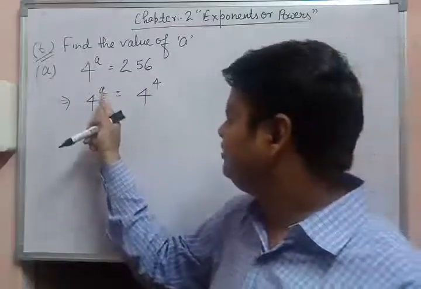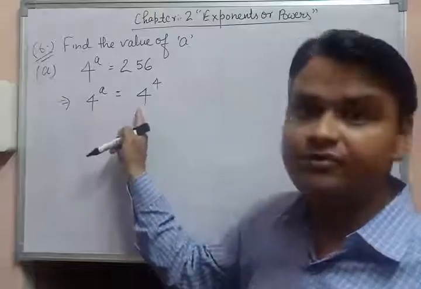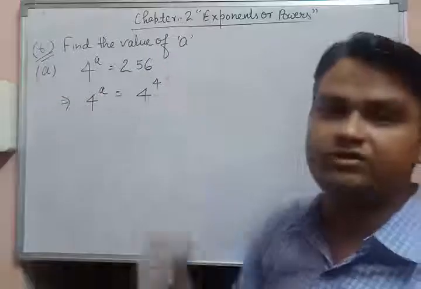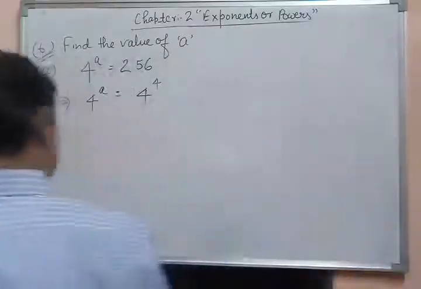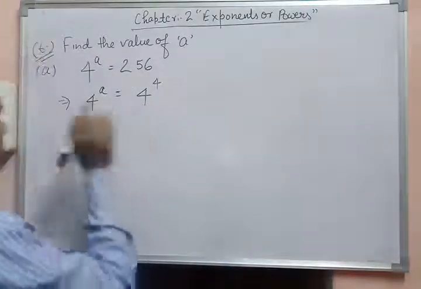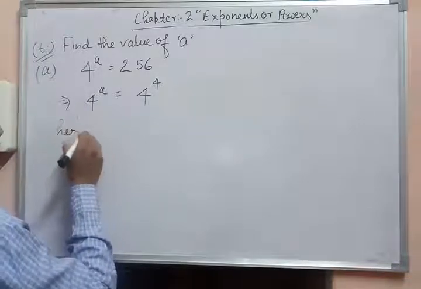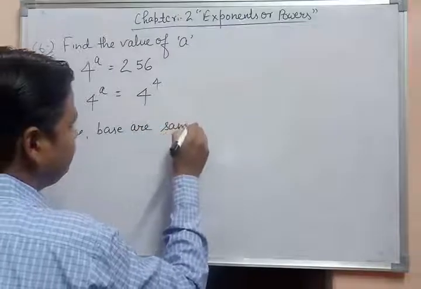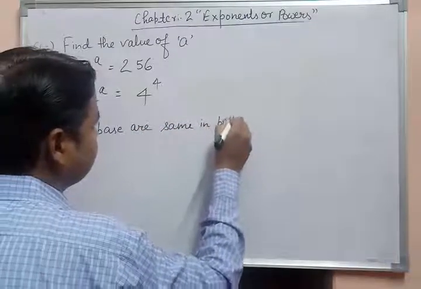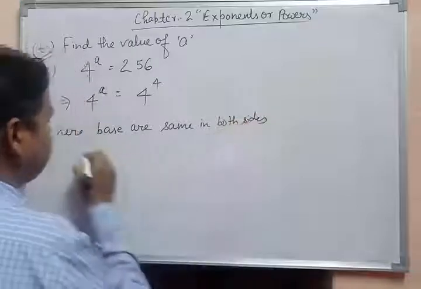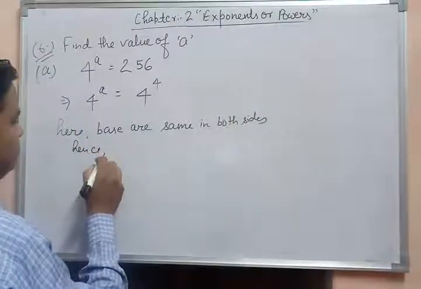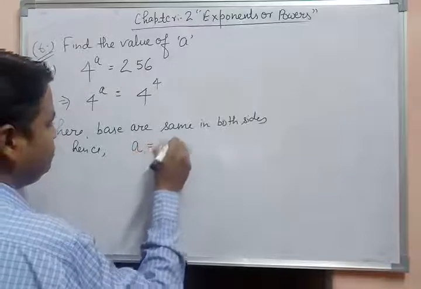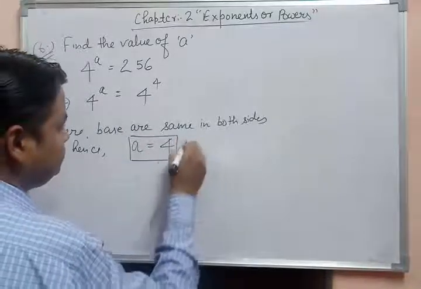It means if the bases are the same on both sides, then the powers must also be equal on both sides. So you have to write: the bases are the same on both sides, hence a is equal to 4. This is the answer.